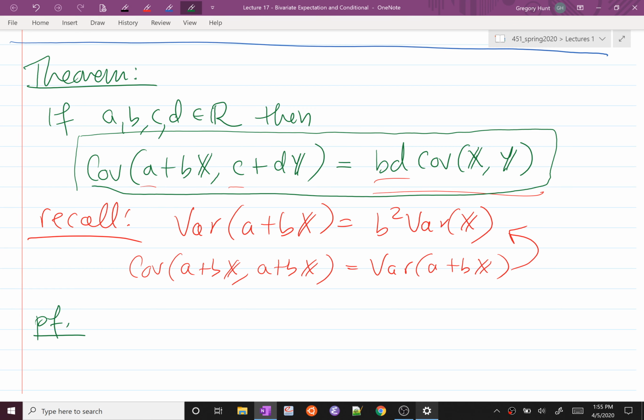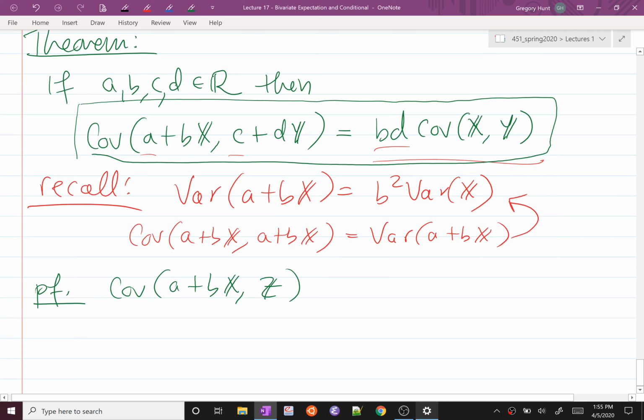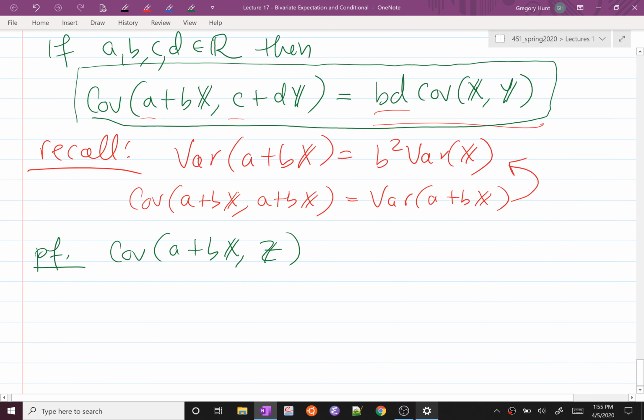If I can prove it for one of the arguments, by symmetry, it can be true for the other argument. So if I were to look at, say, the covariance of A plus BX with Z, where Z is some random variable. First, let's look at that. This is the expected value of A plus BX minus the expected value of A plus BX, times Z minus its expectation.